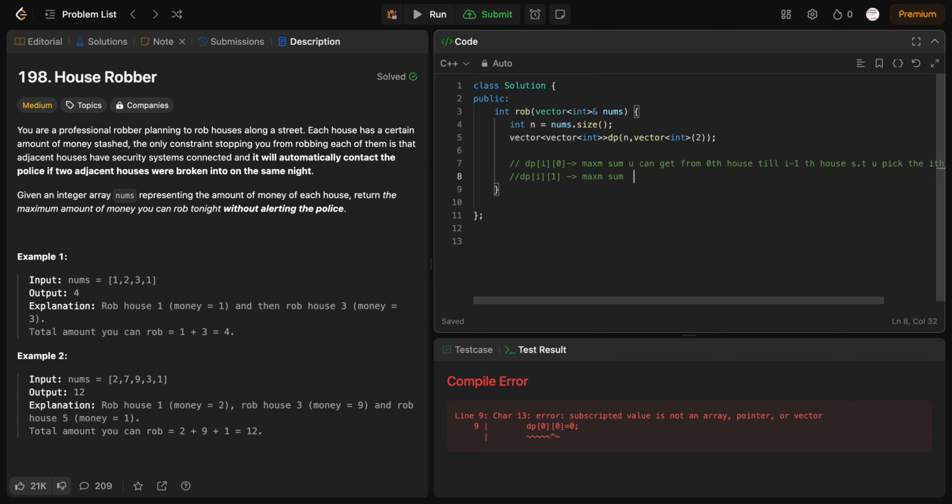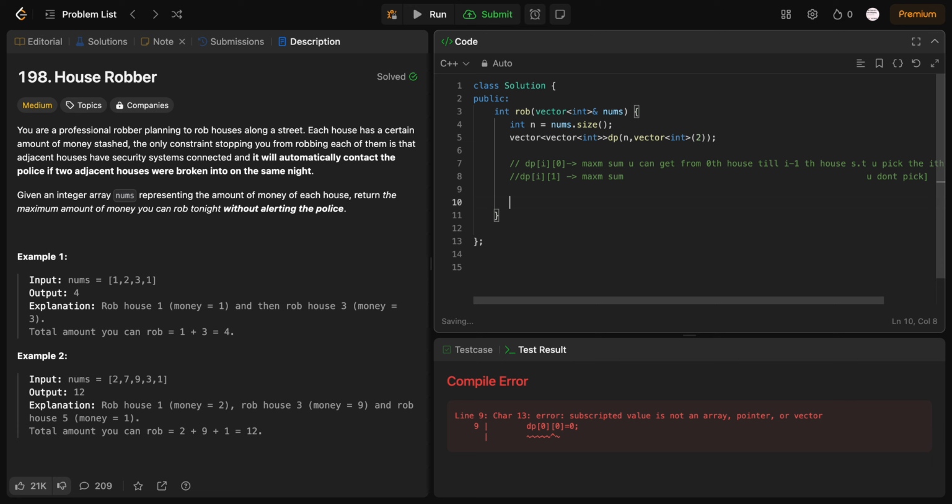The only difference here is whether you pick or don't pick.